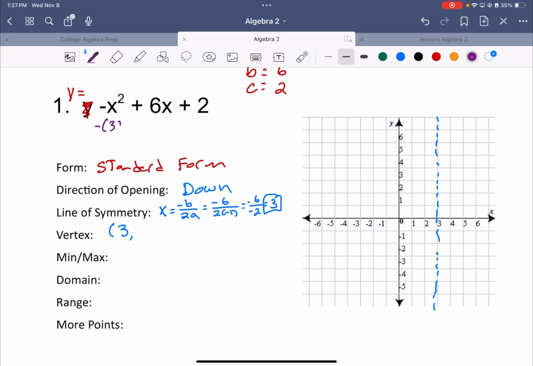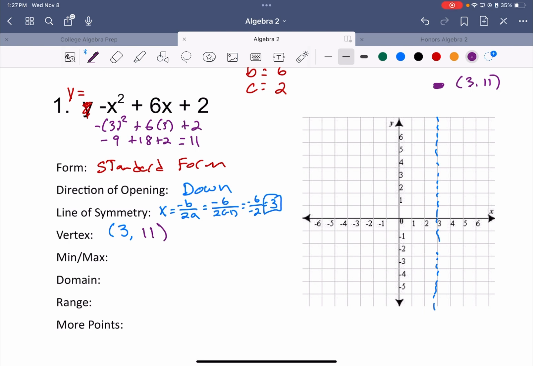So that's negative 3 squared plus 6 times 3 plus 2. So that's negative 9 plus 18 plus 2, which is 11. So our vertex is at (3, 11), which is way up there somewhere. So that's the point (3, 11).